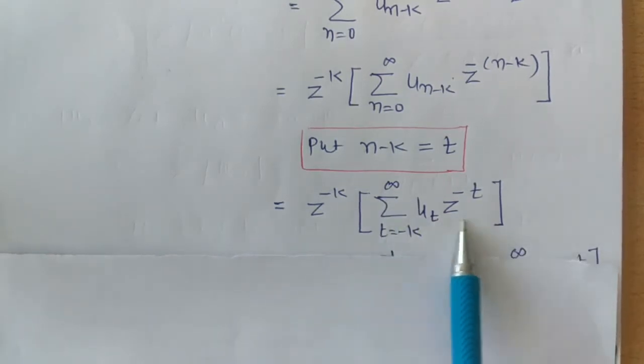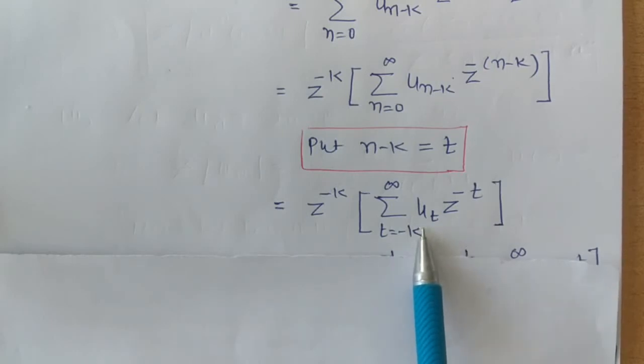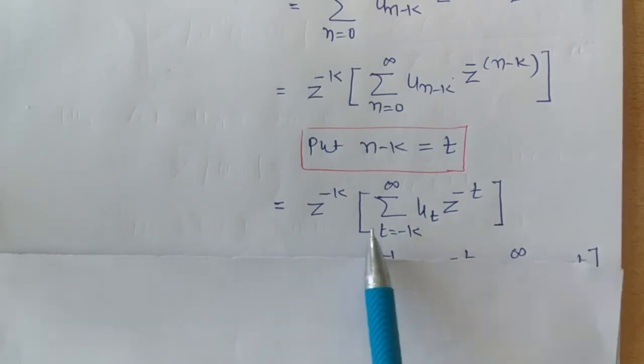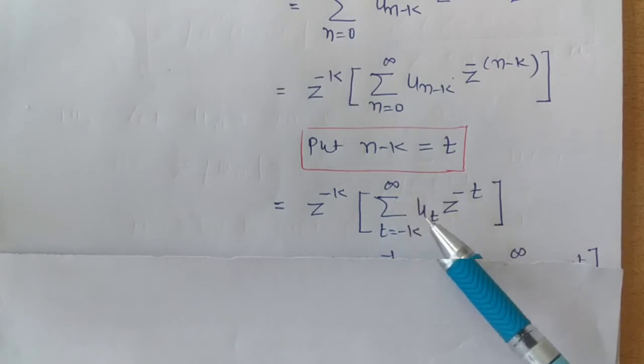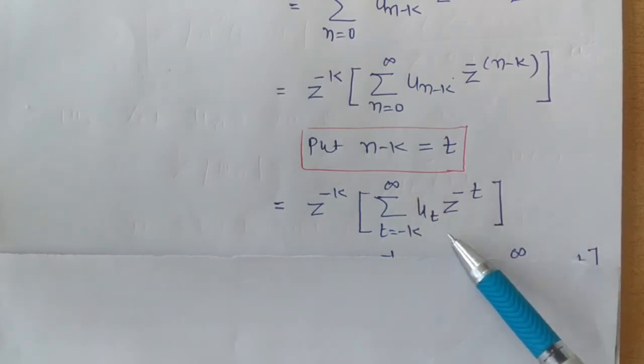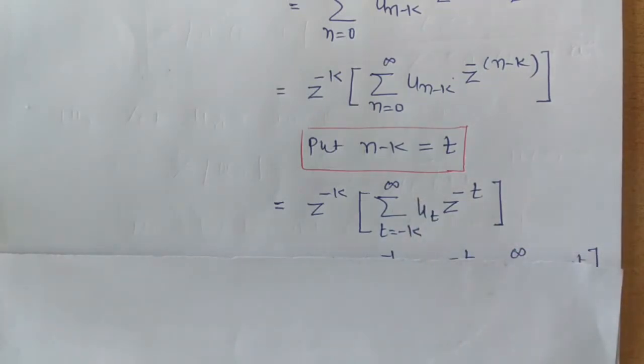Now we split this summation into the negative range and the positive range. So we write summation from minus k to minus 1 plus summation from 0 to infinity.